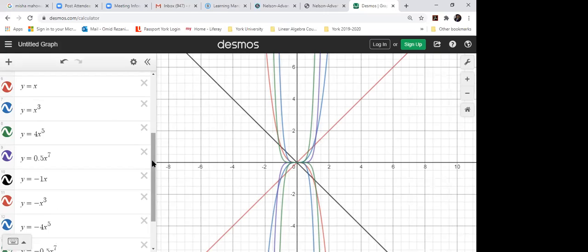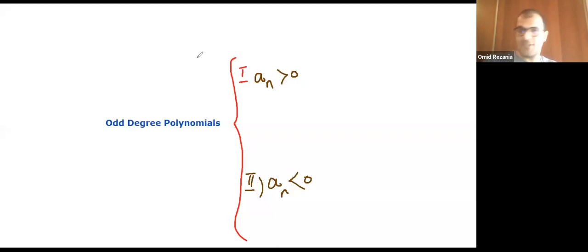Yes. Awesome. Now, before we finish, I go back to this one, and I say that if that's the leading coefficient, positive, I make the plot like this.